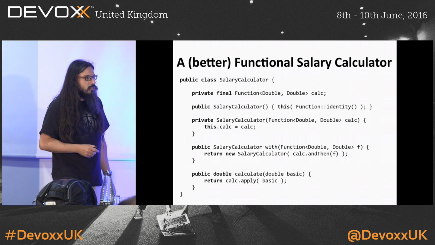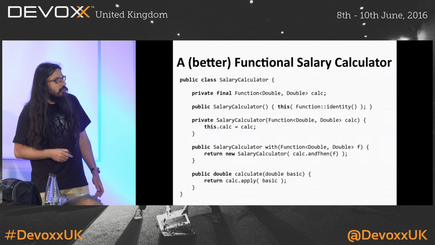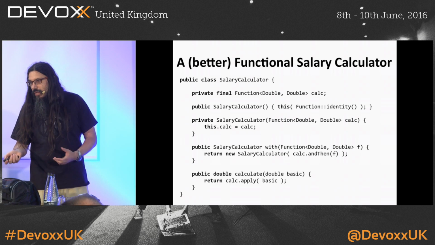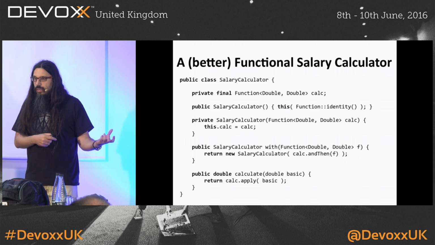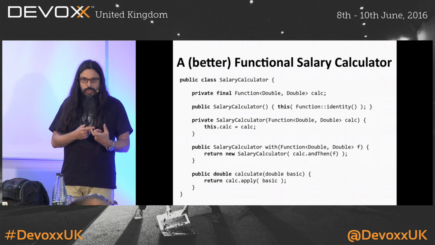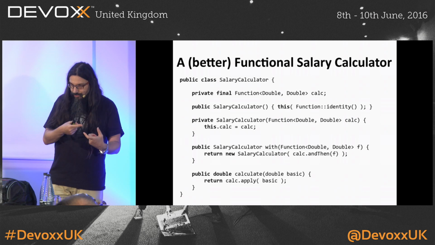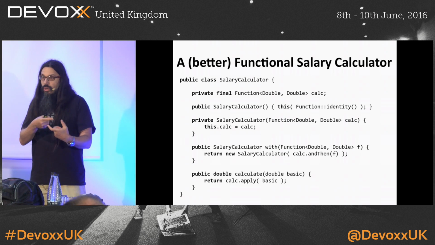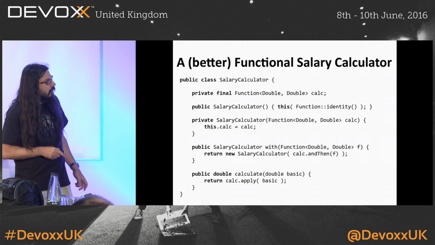Okay, this is just a variation of the first salary calculator. It does exactly the same thing, but the defect of the former calculator is that that one was mutable because I was adding the function to the list of functions encapsulated inside the calculator.